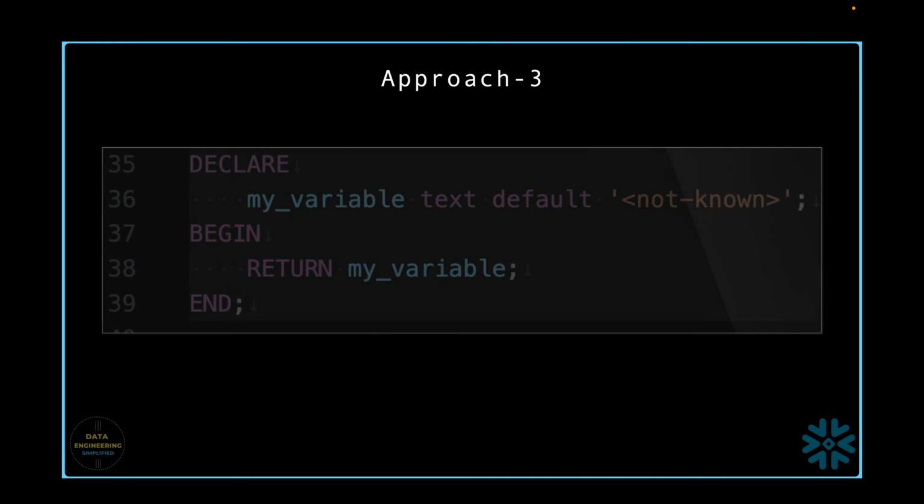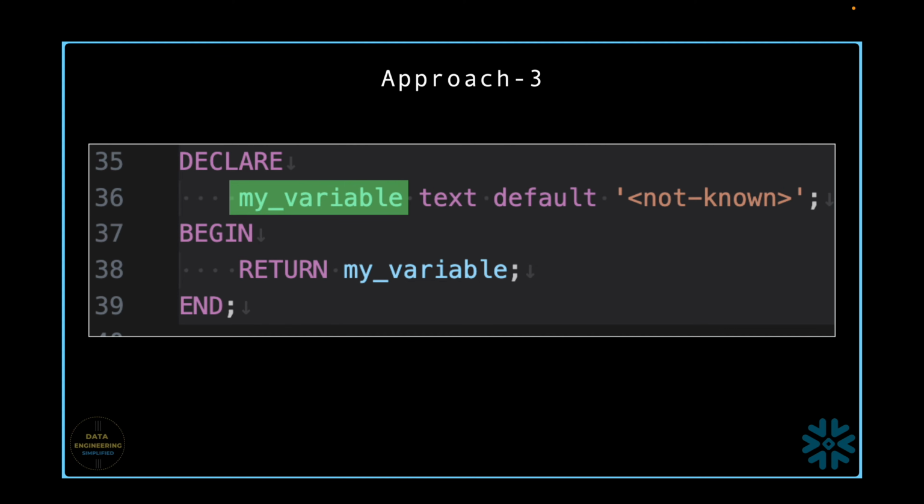In the third approach, we can start with the name of the variable followed by the data type, then use default keyword followed by an expression. And finally, it is terminated by a semicolon character. In approach 2, we did not have the data type, and in approach 3, we have the data type followed by default expression.